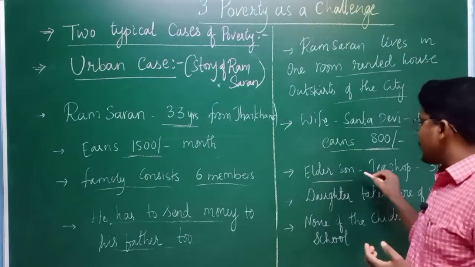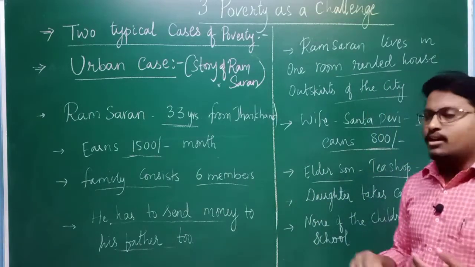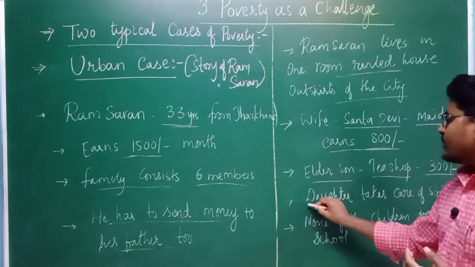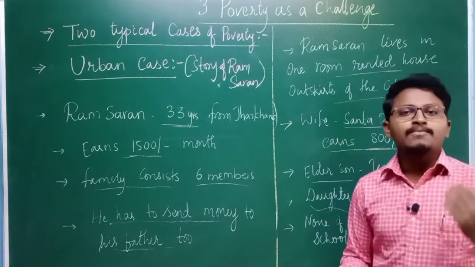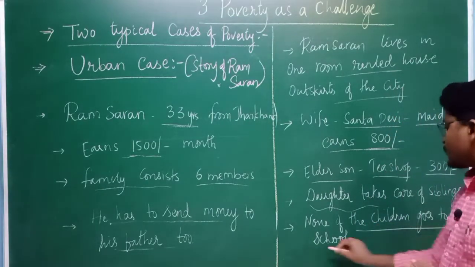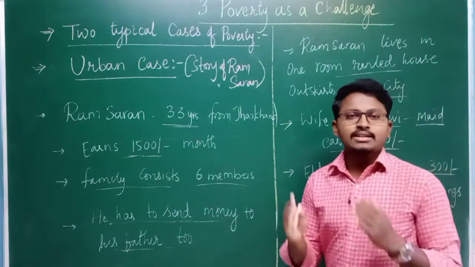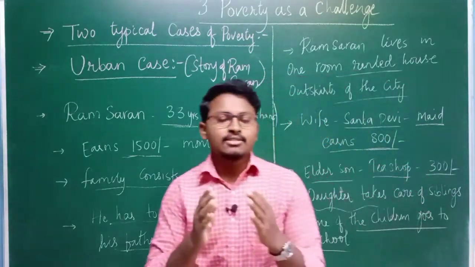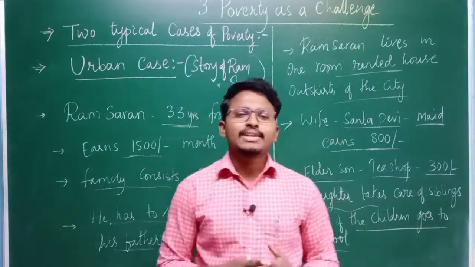The elder son works in a tea shop and earns 300 per month, and the 10 year old daughter takes care of her younger siblings. None of the children goes to school. So in the story of Ram Saran, he was living in a poor condition.